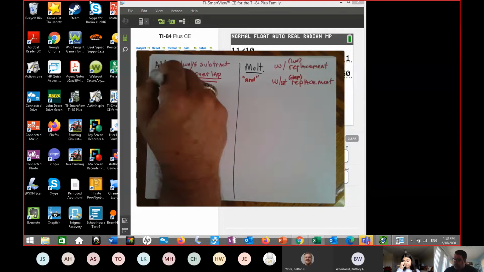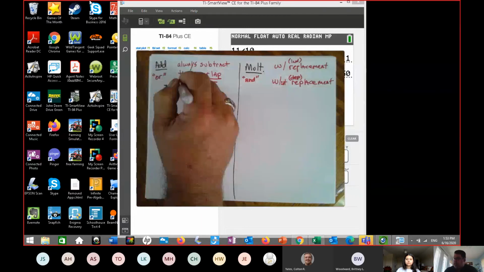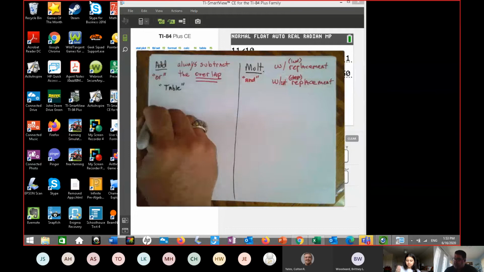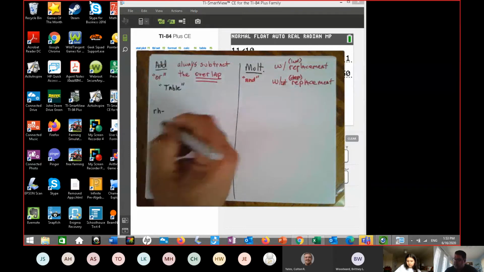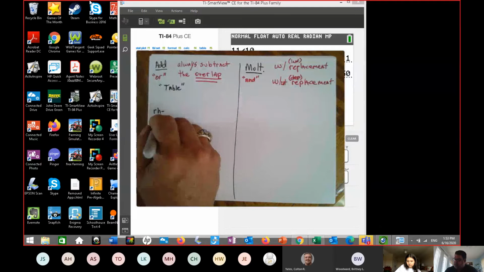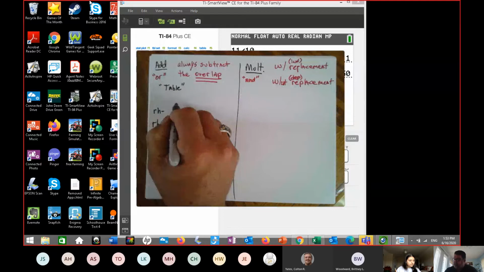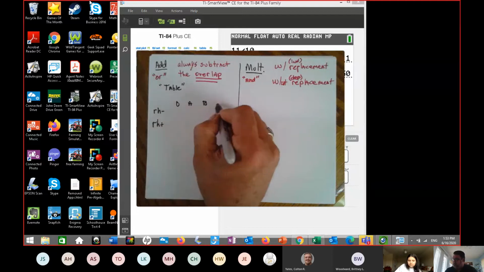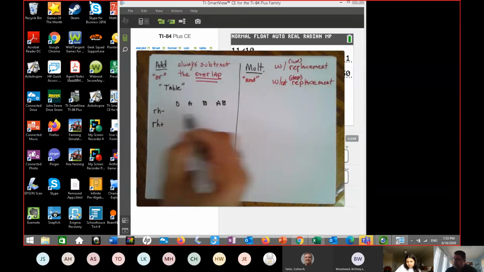Most of the time when you're dealing with the additive law, I like to put it in the form of a table. It's like this. RH negative, RH positive. What are the blood types? O, A, B, and AB.